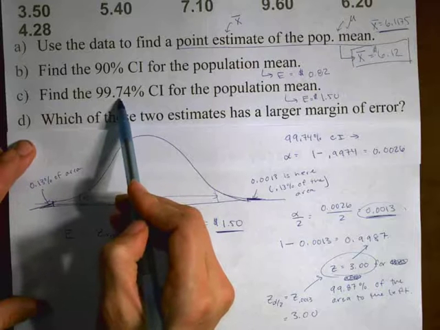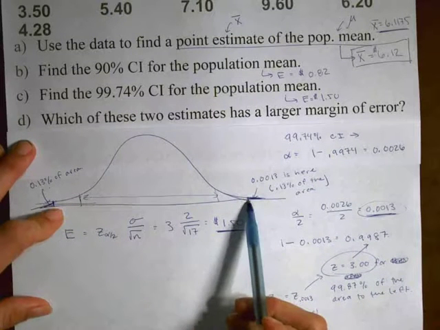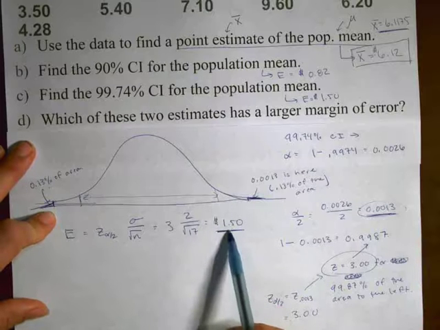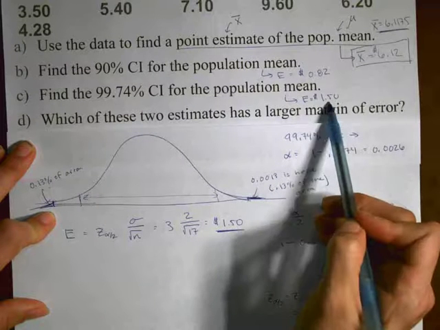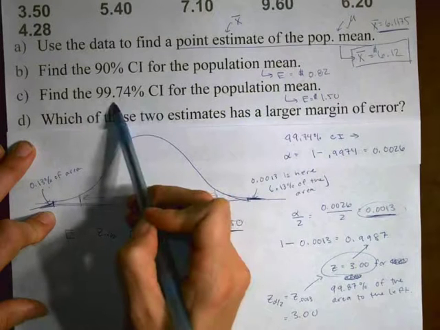There's always push and pull between precision and certainty, right? With this really high confidence interval, we are much more certain that we have the true population mean in our data. But we can be much less precise in this sort of situation, right?